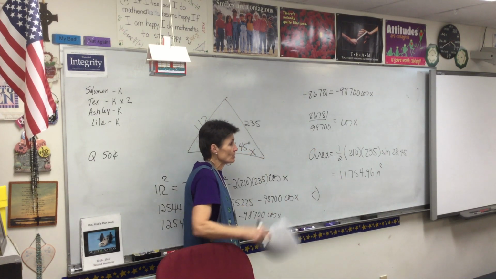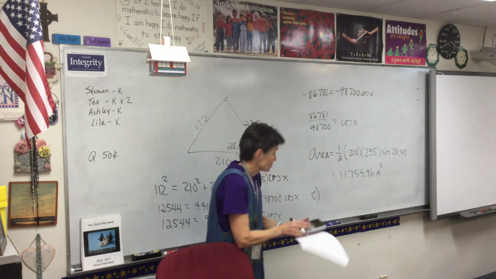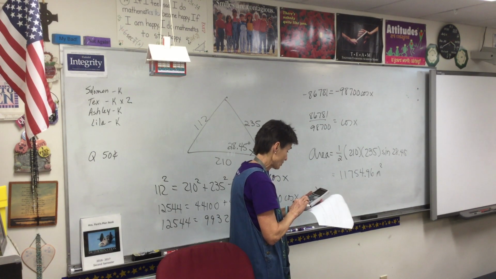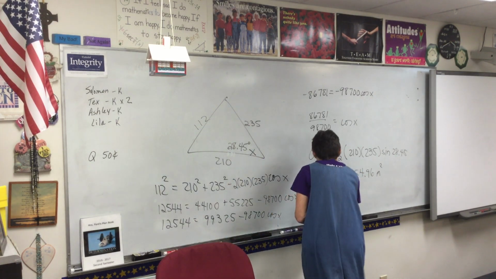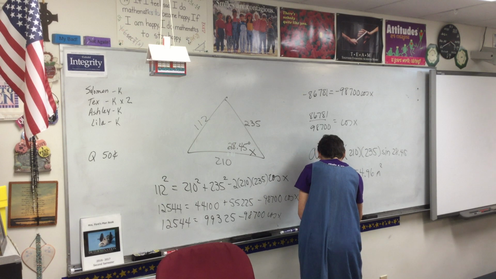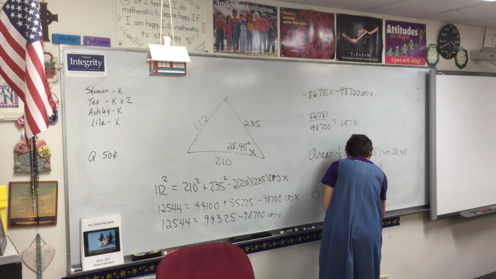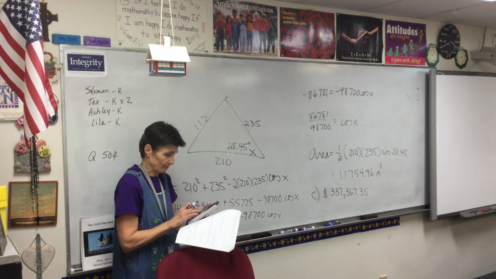Each square meter is worth $28.70. You just multiply. So we'll take 11,754.96 times 28.70. Wow! Your field is worth $337,000.